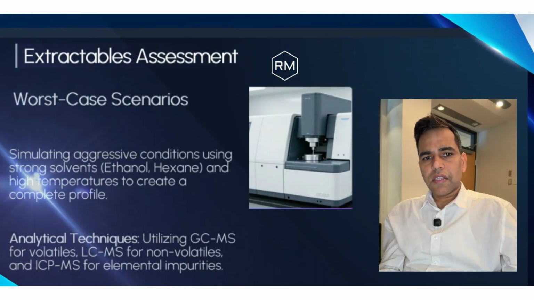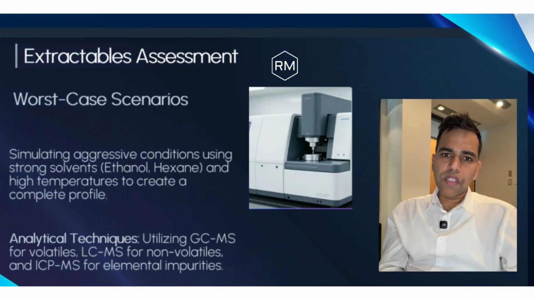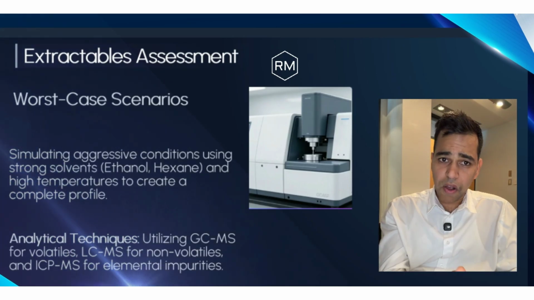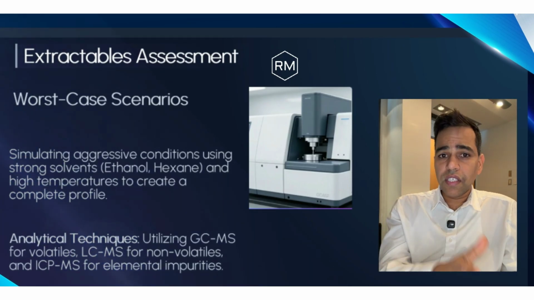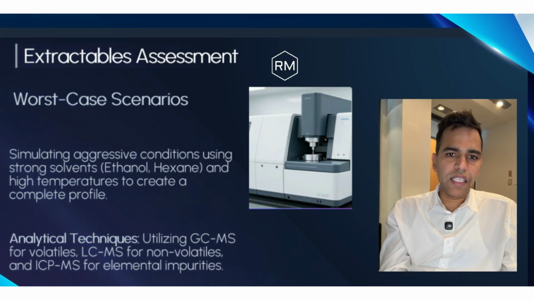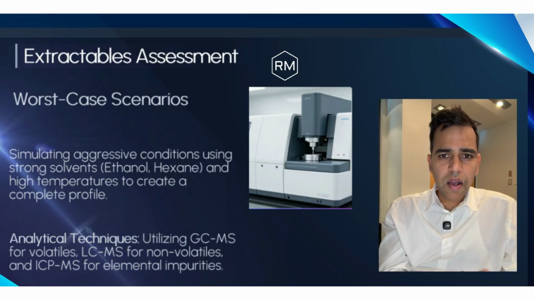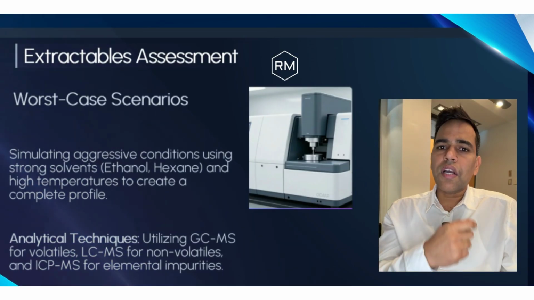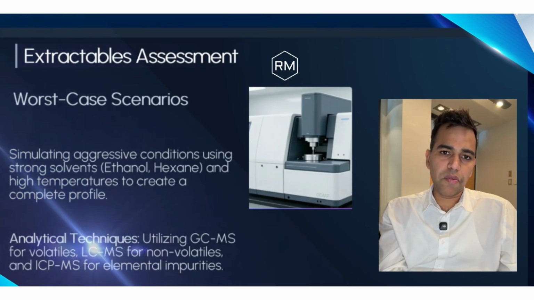Extractables assessment. In extractable studies, we simulate extreme conditions to understand what could come out of the materials. This includes using strong solvents like ethanol and hexane, combined with high temperatures. The idea is to generate a complete chemical fingerprint.